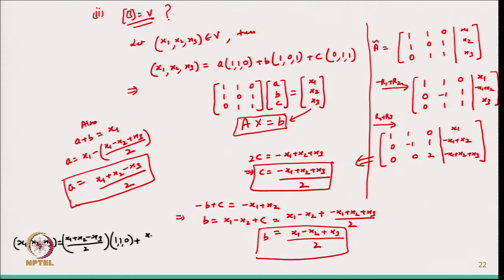B is this one, x1 minus x2 plus x3 by 2, times 1 0 1, and plus minus x1 plus x2 plus x3 by 2 times 0 1 1. So, this can be written like this one.